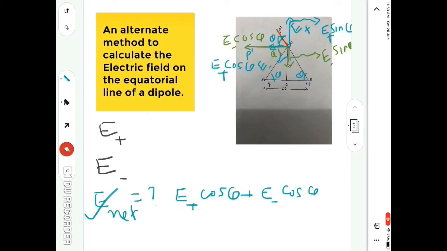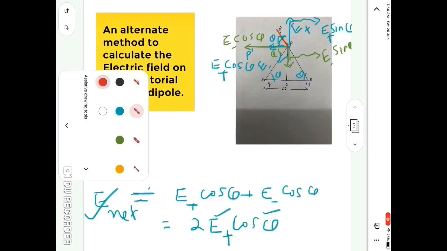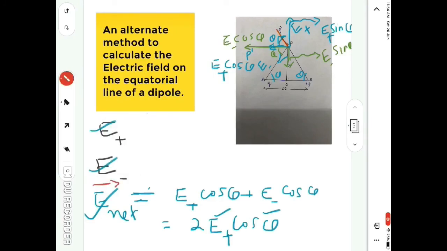So E net is calculated as E plus cos theta plus E minus cos theta, and that can be reduced to 2 E plus cos theta, or 2 E minus cos theta, both of similar values, because E plus and E minus we know to be equal. And now once you substitute for E plus and cos theta, the final equation can be ready. And if you want the direction concerns, this is only the magnitude part.